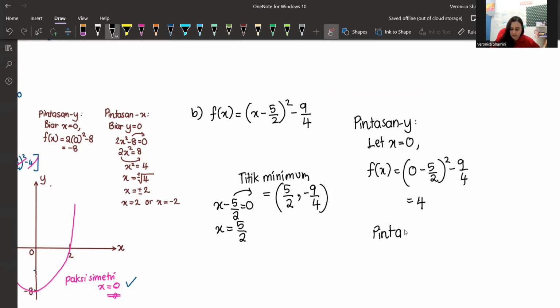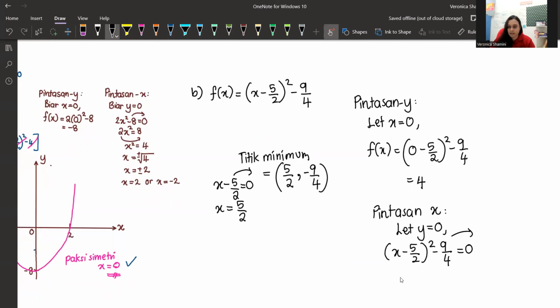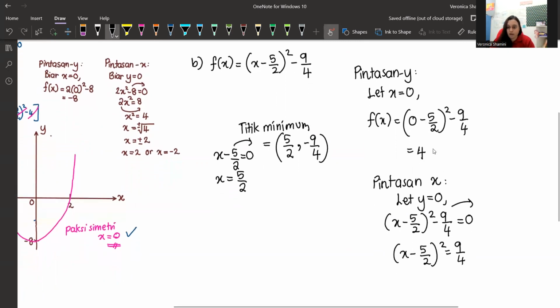Next, my pintasan x. So this one I'm going to let y sama dengan kosong. So my y means my fx. Okay, my fx is going to be 0. Okay, so x tolak 5 per 2 minus 9 over 4 equals 0. Okay, 9 over 4 teacher pindah ke belakang. Okay, when pindah go behind already, positive 9 over 4.